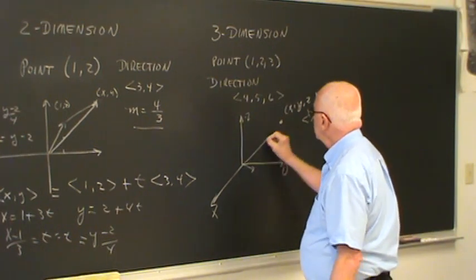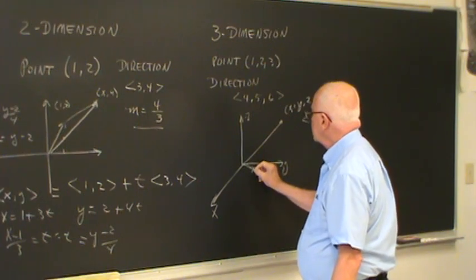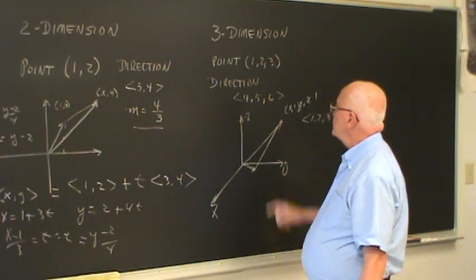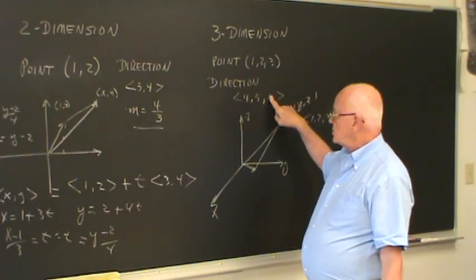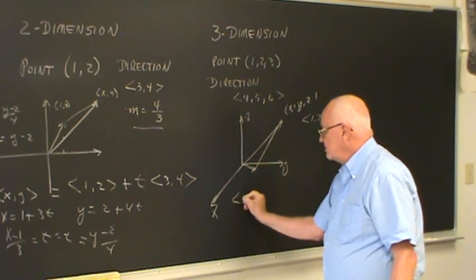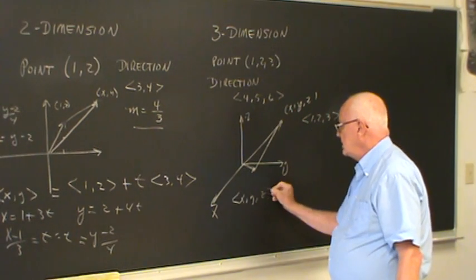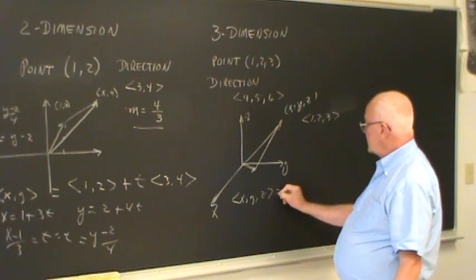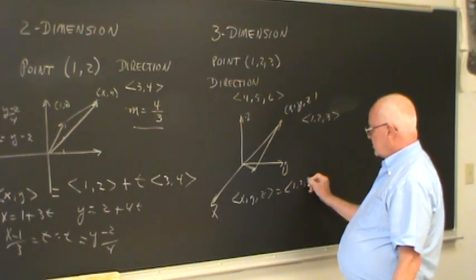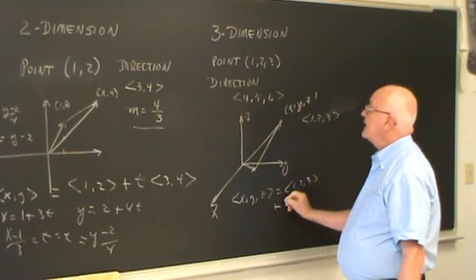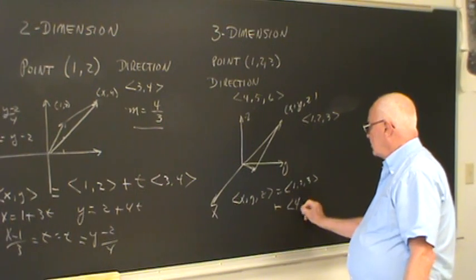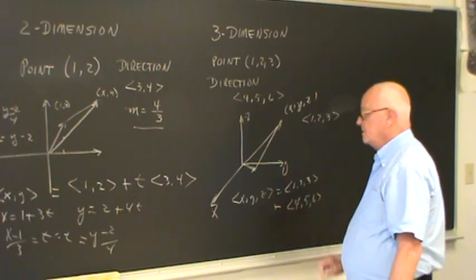So to get from here to here, we go out to this point, and then we go out to this point in this direction. So my vector x, y, z, this point, can be obtained by going to 1, 2, 3, and adding the direction 4, 5, 6.